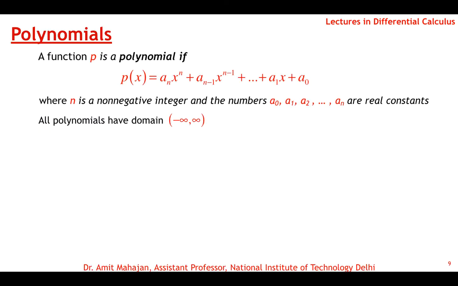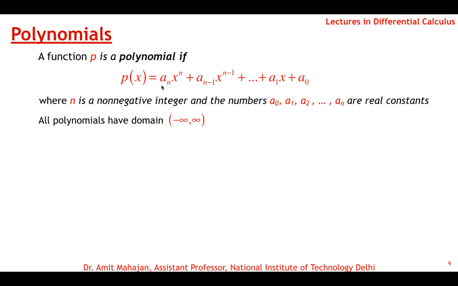Then next is polynomials. A function p is a polynomial if we write p as this function: an x power n plus an minus 1 x power n minus 1 plus and so on plus a1 x plus a naught, where n is a non-negative integer, and these a naught, a1, a2, and so on up to an, are real constants.